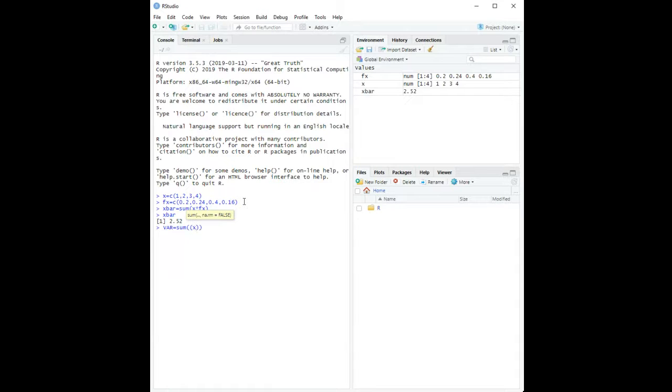So we're going to do x, the ratings, minus the x bar, which is the mean, and then we're going to raise that to the second power and times the frequencies. Hold on guys, I'm getting all mixed up.